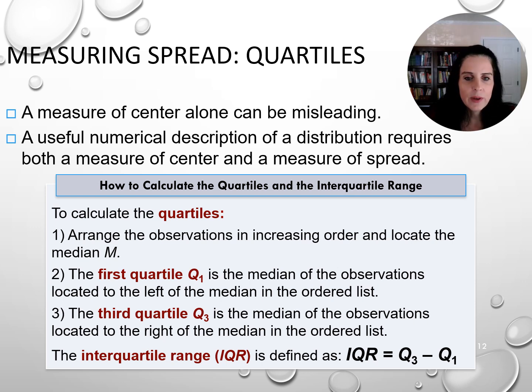Then we identify the median or the middle point of the first half of data, which is Q1 or the first quartile. And then the median of the second half of the data, which is Q3. The interquartile range is the difference between Q3 and Q1. We typically use the notation IQR for it, and it is very helpful because it shows us where the middle 50% of the individuals are located.